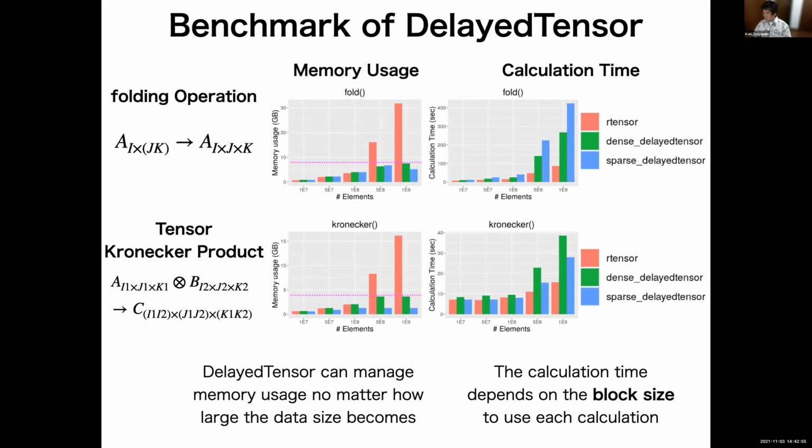And these left two plots show that DelayedTensor can manage memory usage no matter how large the data size becomes. However, as you can see from the two plots on the right, the calculation time is relatively slow compared with rTensor, which means that the out-of-core implementation has a bottleneck of loading data from a file, which may take extra computation time.